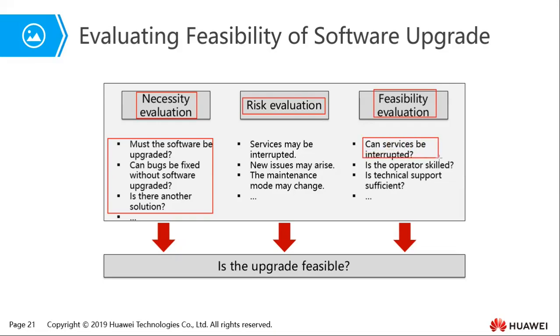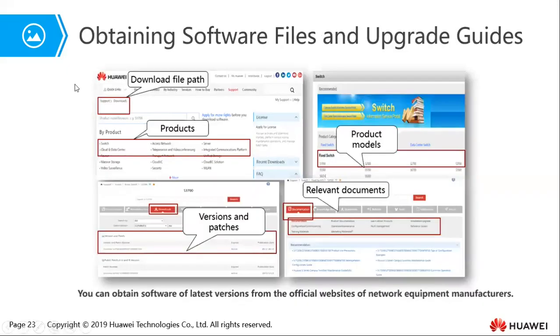For example, can services be interrupted? Are we allowed to interrupt the service? Do we have a person who can be able to do this? Do we have technical support from the vendor, for example? So if all this are okay, then you can say, for example, that the upgrade is feasible. So that's how you check feasibility.